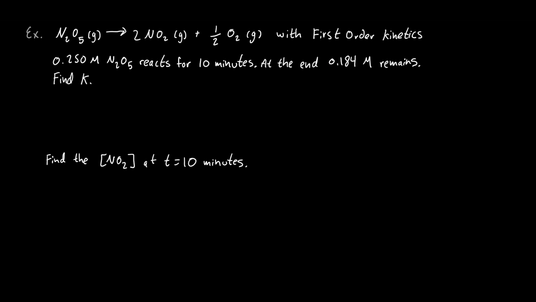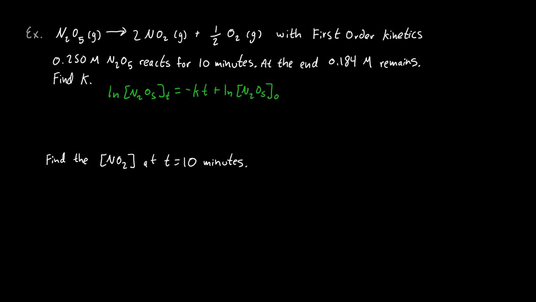In this last example, we're given the decomposition of N2O5 to NO2 and oxygen with first order kinetics. So we know the equation we're going to be using is the natural log of N2O5 at time t is equal to negative Kt plus the natural log of N2O5 initial.